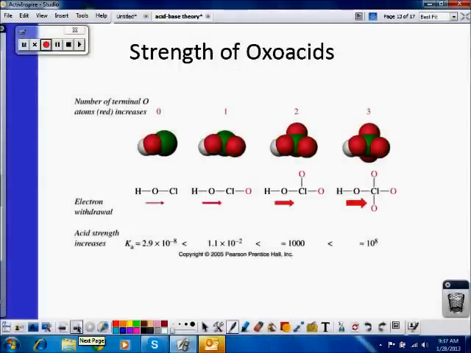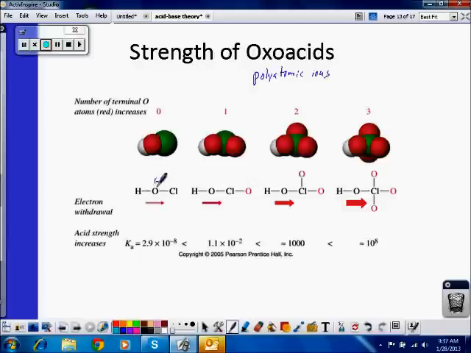Okay, we also have something called oxo acids, which are simply acids that have oxygen in them. So typically acids form from polyatomic ions. So the more oxygens you put on an oxo acid, the stronger the acid is. And that's because, remember, oxygen and hydrogen form a very polar bond.